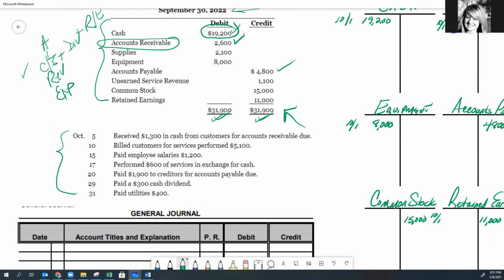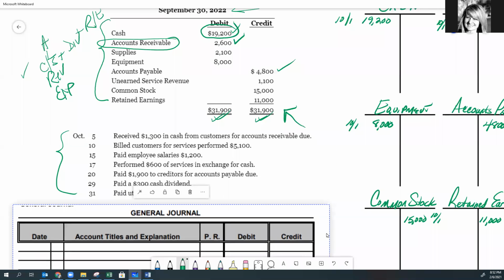And it has a beginning balance of 2,600. And on October 5th, we have collected some of that balance from our customers. So we're going to show that we collected 1,300 from those customers. So we didn't collect it all, but it looks like we collected about half of it.